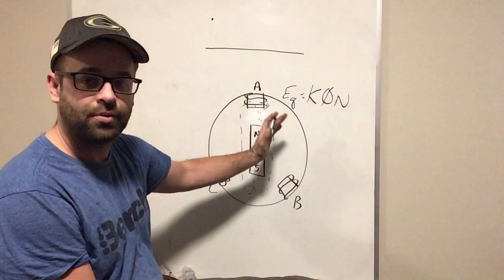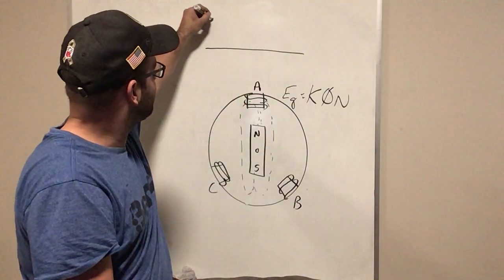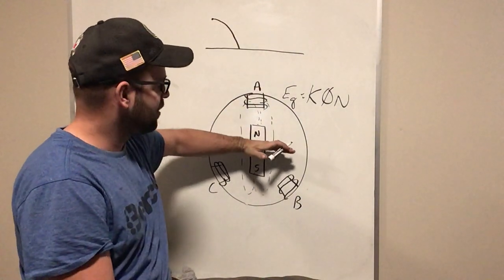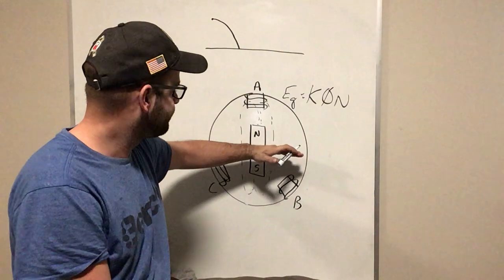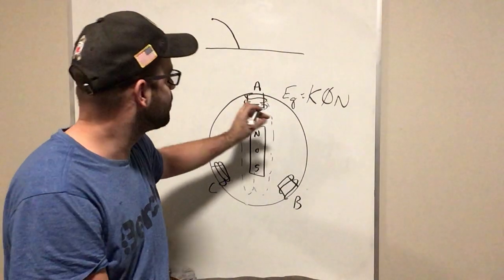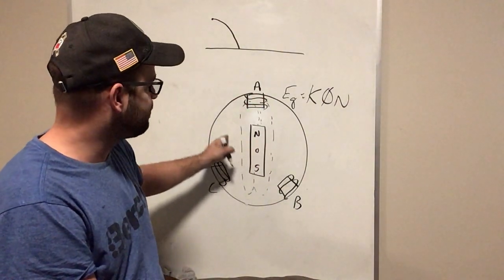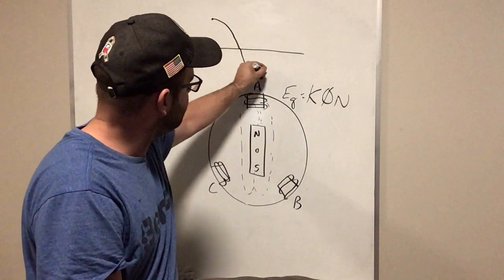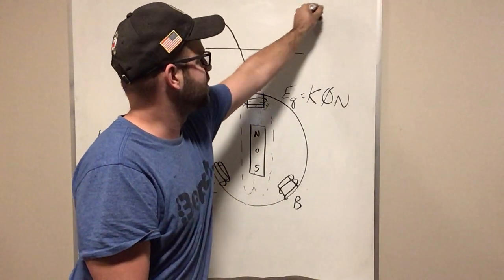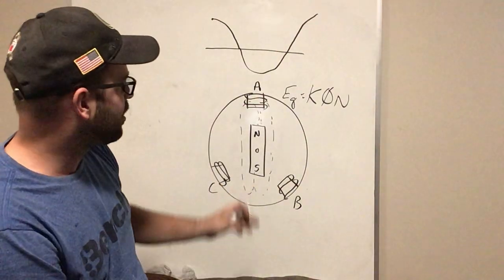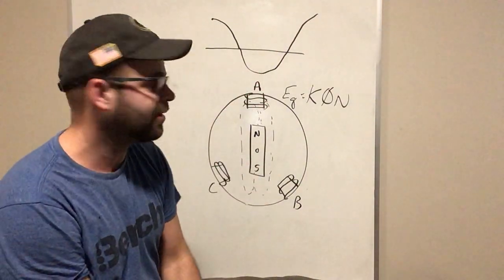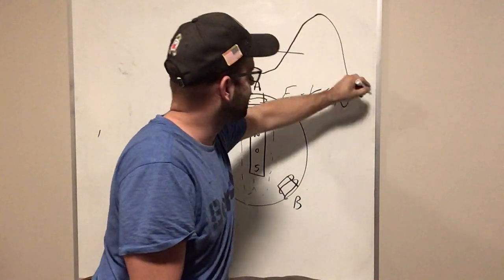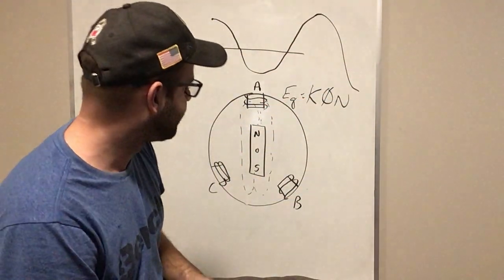As it goes to move past, we would find that sine wave would go down to 0 when we were perpendicular to those coils. As the south begins to come around, we would get our negative, and then it continues on with our positive as it came back around.